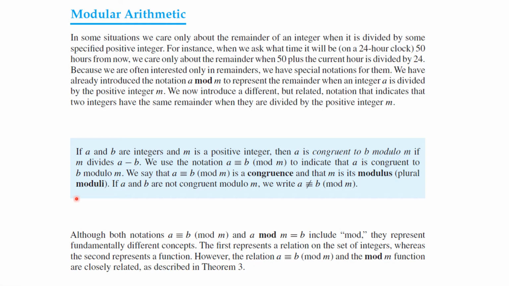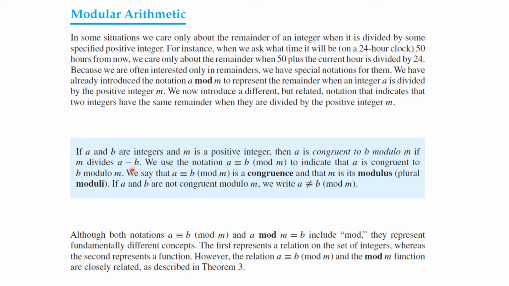Let's now turn our attention to modular arithmetic. So I think this is probably a definition. If a and b are integers and m is a positive integer, then we say a is congruent to b modulo m, sometimes said mod m, if m divides a minus b.